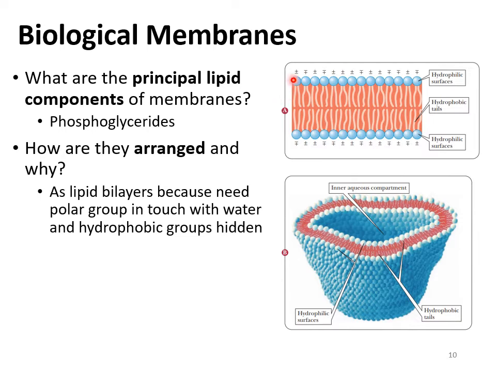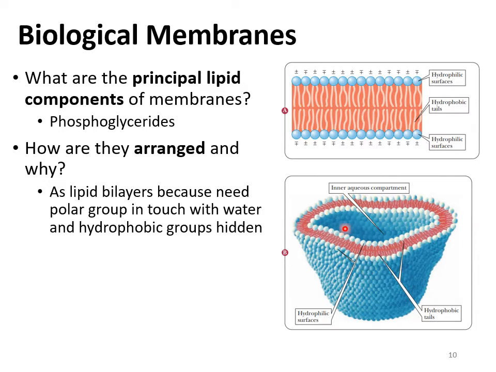So the fact that they have a hydrophilic end and a hydrophobic end allows them to arrange as these lipid bilayers. So lipid bilayer meaning you have a lipid layer here, and opposing it, you have the second layer of lipids here. And because they're amphipathic, it lets you have the hydrophilic polar head groups in contact with water, and then the hydrophobic tails hidden away so that they're not exposed to water.